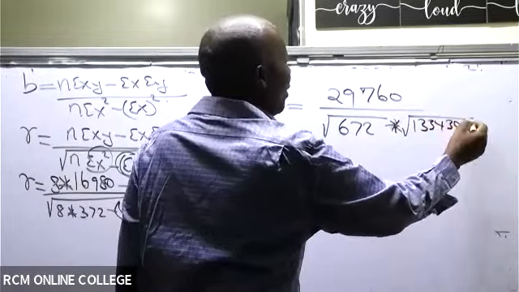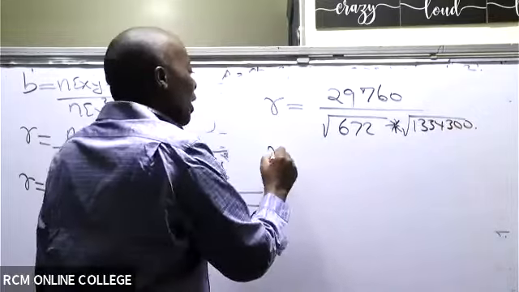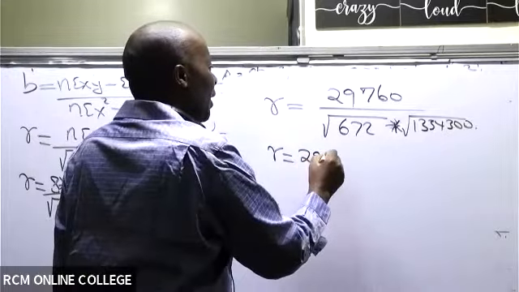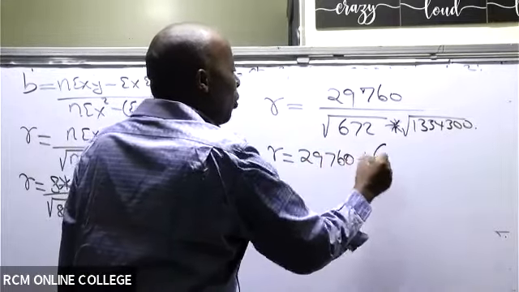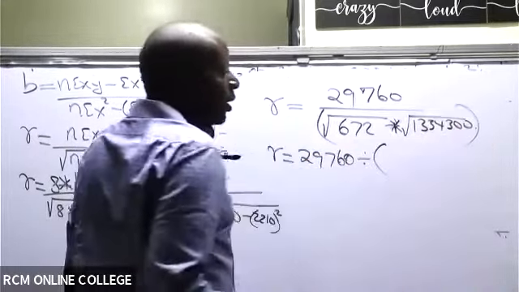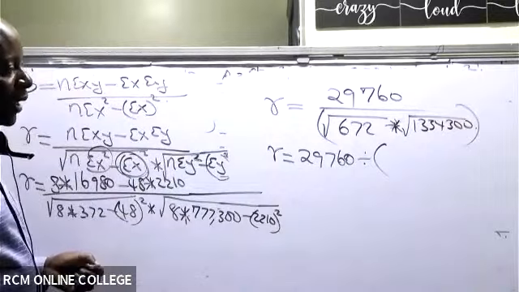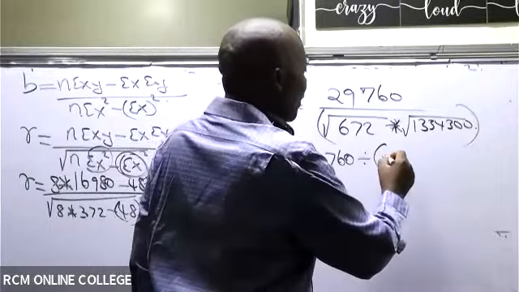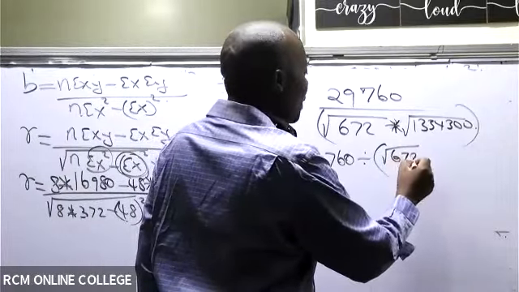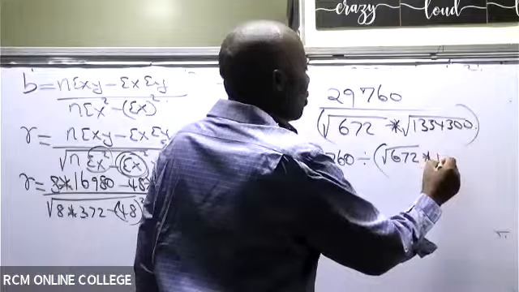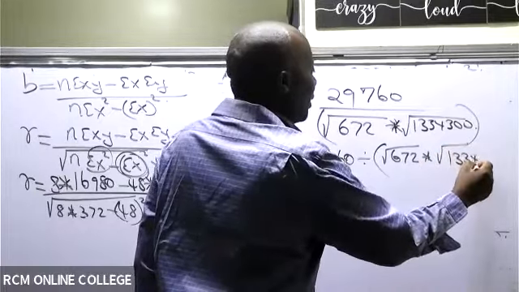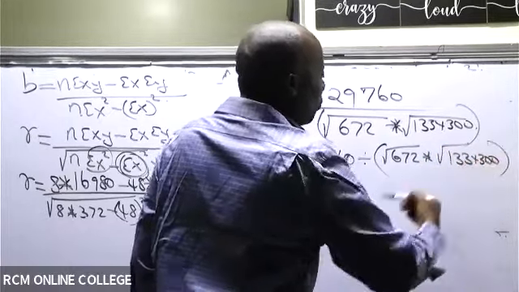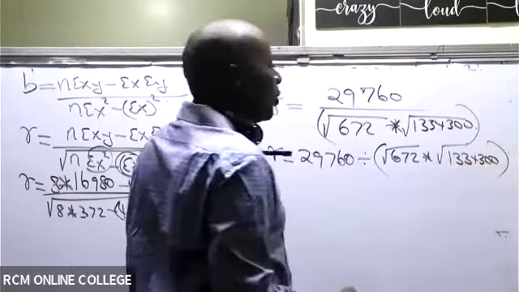So in your calculator, to get this R, you say 29,760 divided by, open bracket here to take care of it, because there are two terms. You must always open brackets. So we have square root of 672 times square root of 1,334,300, and then you close the bracket and press equals.